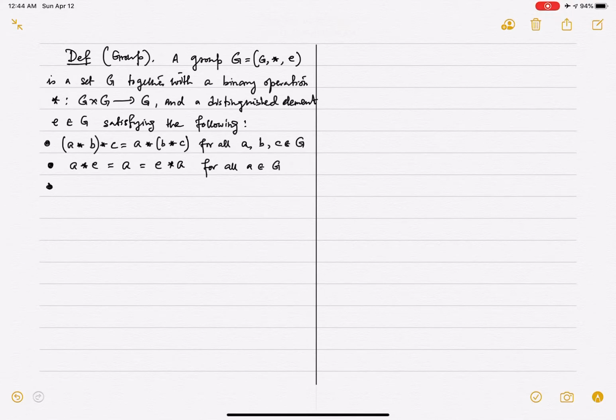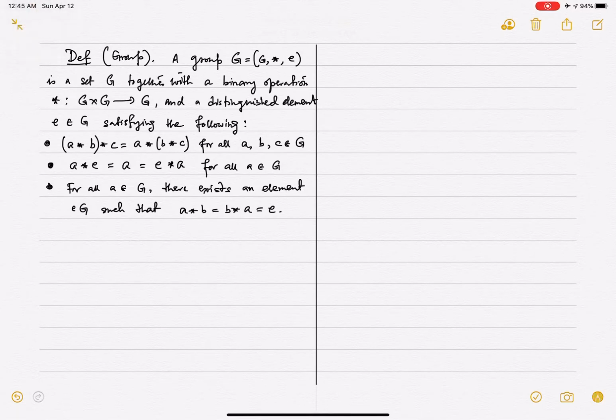And then finally, for all A in G, there exists an element, let's call it B, such that A times B is B times A is identity. This element, we will see that in any group, if you assume that it exists, then there can only be one such thing.